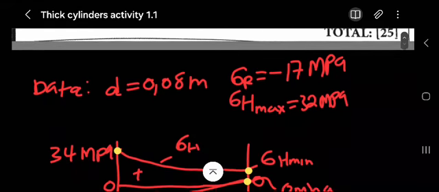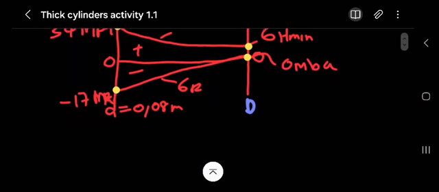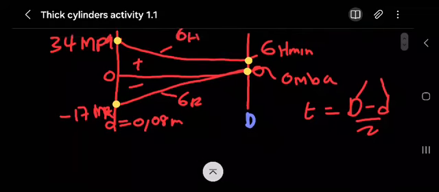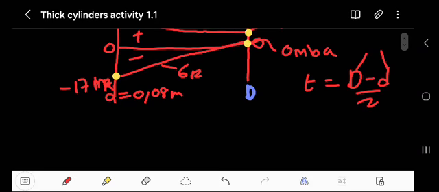Question 1 says the wall thickness is given by D minus d over 2, the external diameter minus the internal diameter, divided by 2. So the aim here is for us to calculate the internal diameter and the external diameter, then we'll be fine.